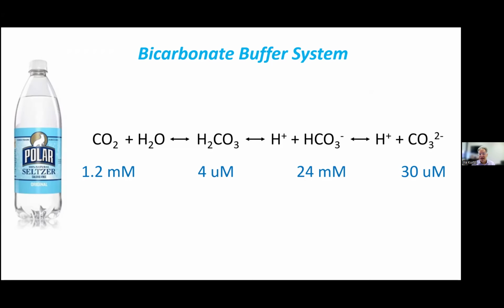We don't use Pascals or other units. We could, but with the units we typically use in medicine, with a PCO2 of 40 millimeters of mercury, you multiply that by 0.03 and you get 1.2 millimolar. The other two, the carbonic acid and the carbonate, are in the micromolar range, so we can essentially ignore those. The major two are the bicarbonate concentration and the dissolved carbon dioxide concentration.